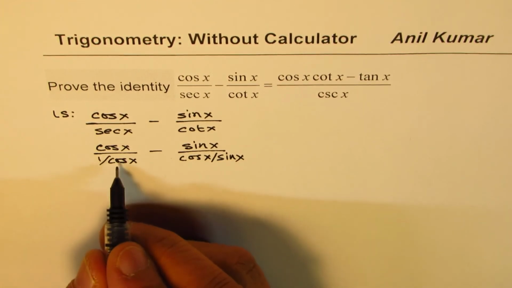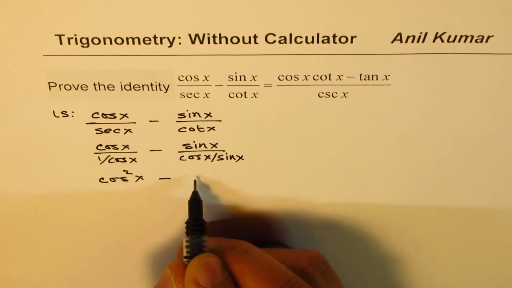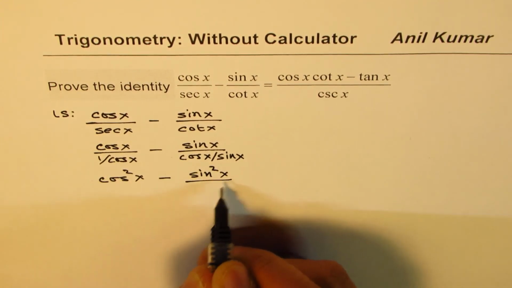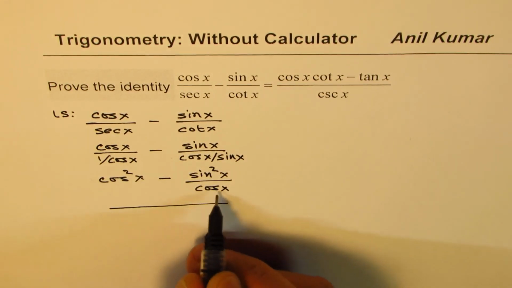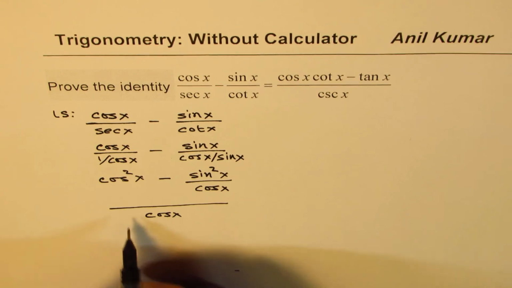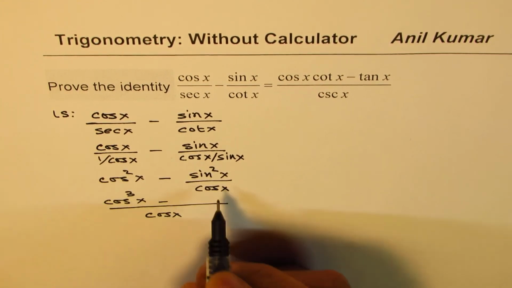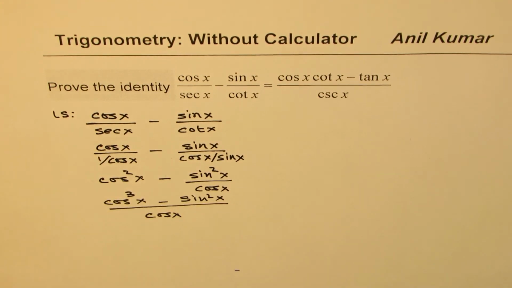So that gives us cos square x minus sin square x over cos x, and we can actually take a common denominator of cos x and we'll get cos cube x minus sin square x. So that is what we get on the left side.